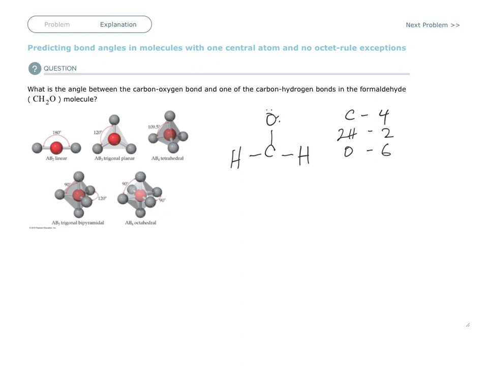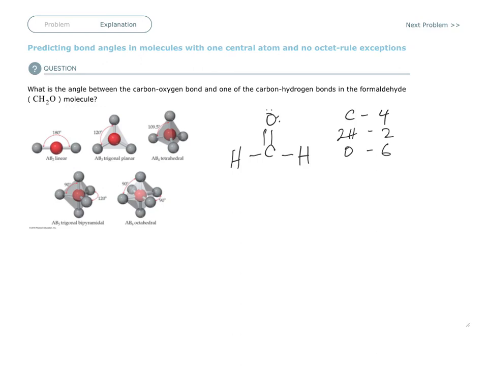I've got 1, 2, 3, 4, 5. I have one more pair, and I need some on oxygen and some on carbon. That tells me I need a double bond. So I'm going to put a double bond here. So I have single bonds on the hydrogens, a double bond on the oxygen, and 2 lone pairs on the oxygen. No lone pairs on the carbon.